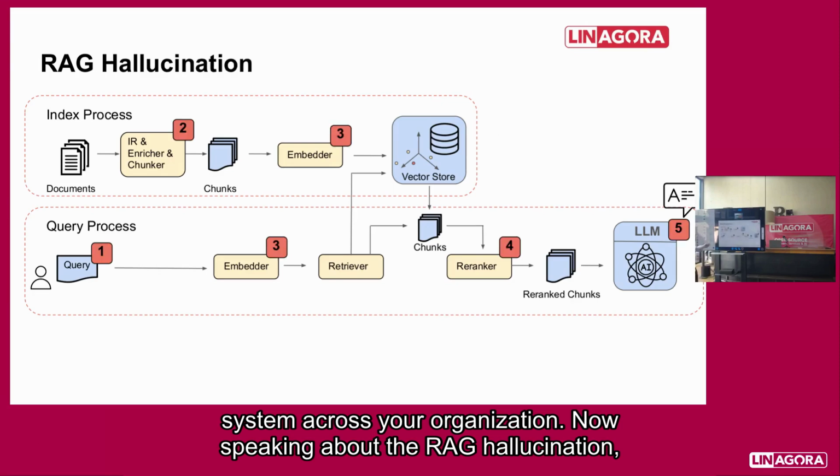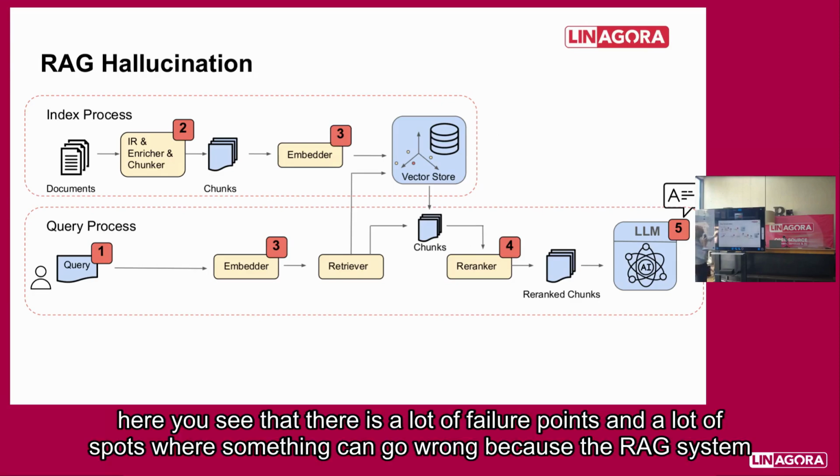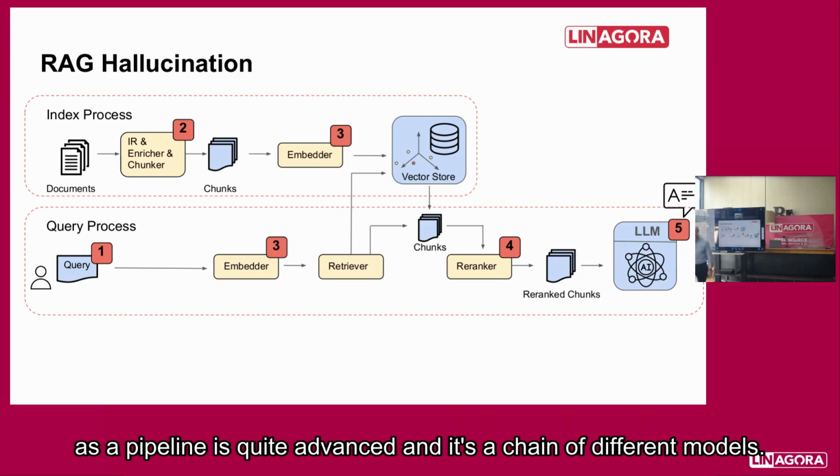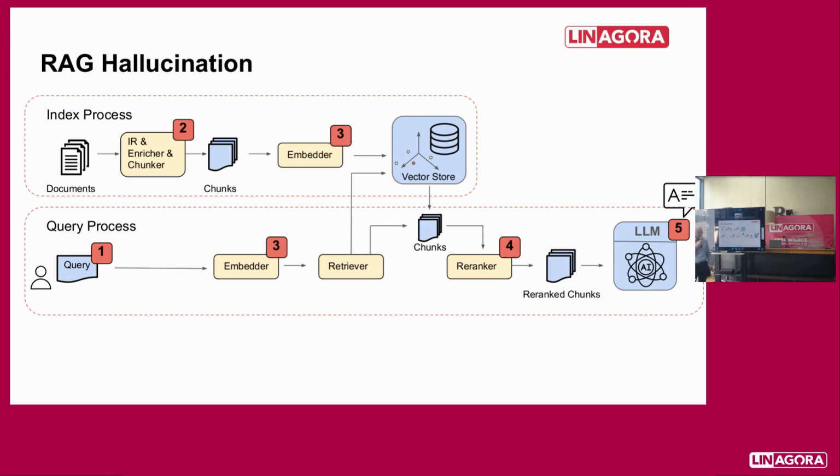So now, speaking about RAG hallucination, here you see that there are a lot of failure points and a lot of spots where something can go wrong, because the RAG system as a pipeline is quite advanced, and it's a chain of different models.